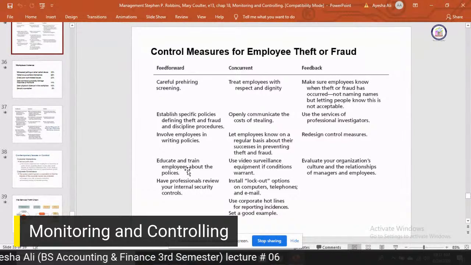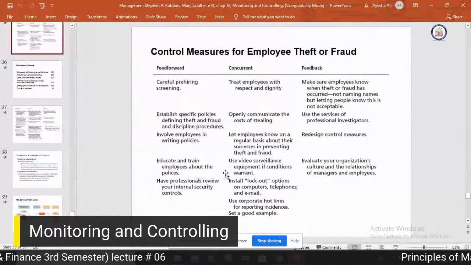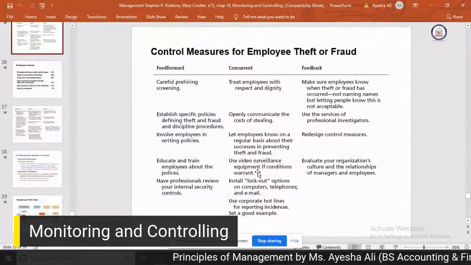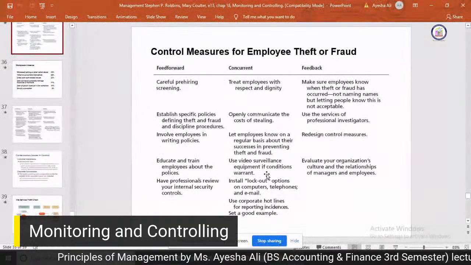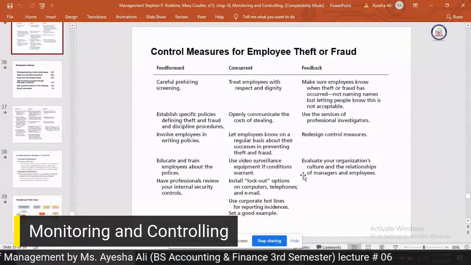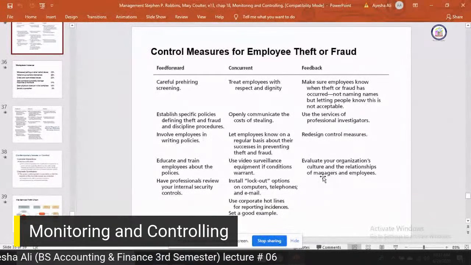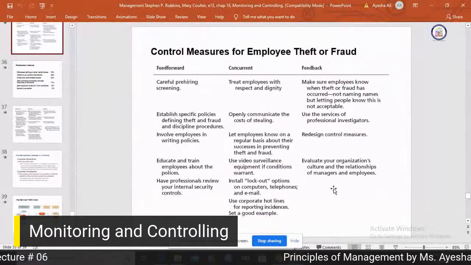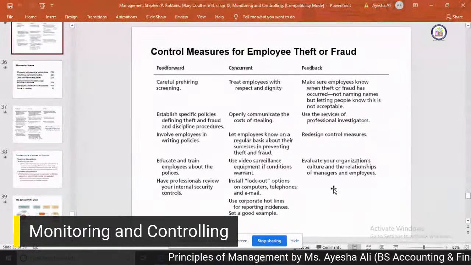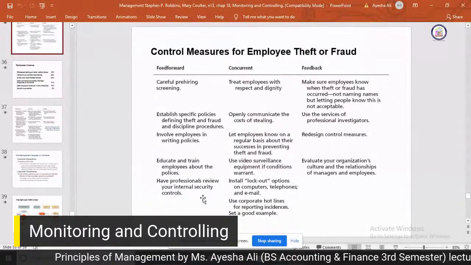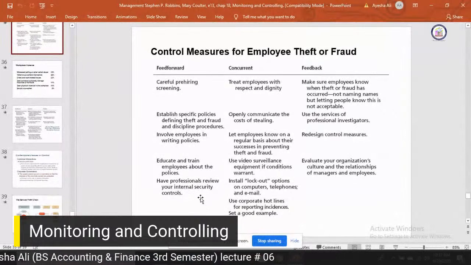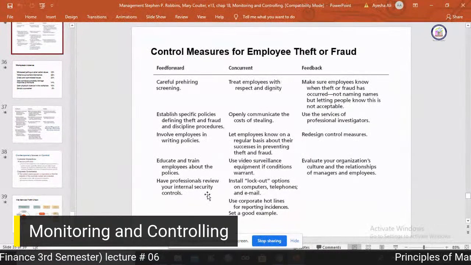And we educate and train the employee about the policies, and we can show them warnings on video or on some sort of videos, and we evaluate the culture and relationship of manager and employee, and review our internal security control.